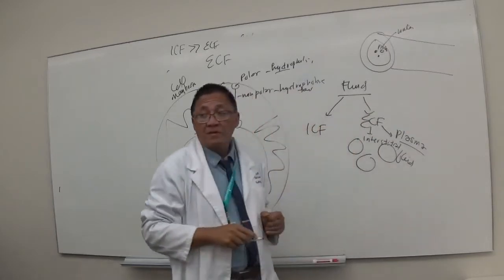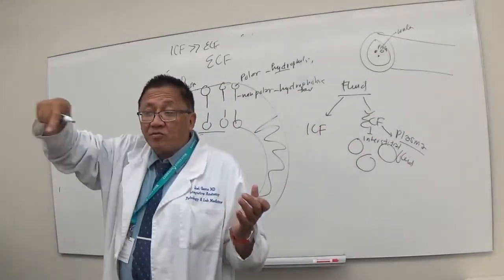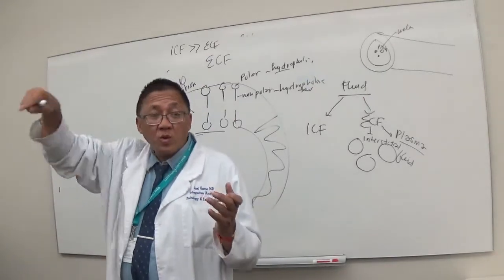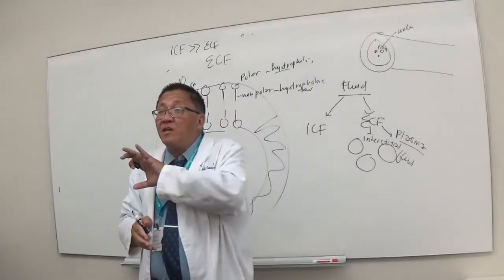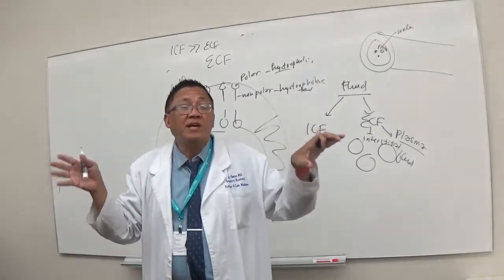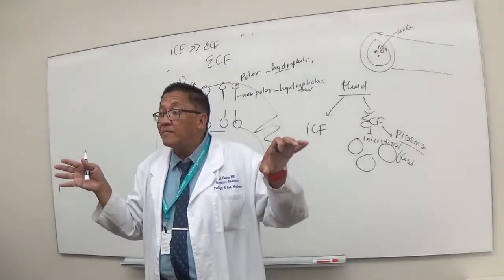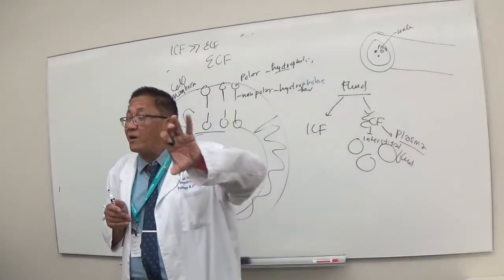Water. Have you ever seen blood? If we put blood in a centrifuge, you know what's a centrifuge for those who have taken chemistry? You can separate the cells from the plasma. Which one is the liquid part of the blood? The plasma. You separate the red blood cell, you separate the white blood cell.